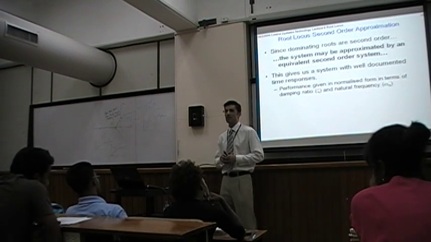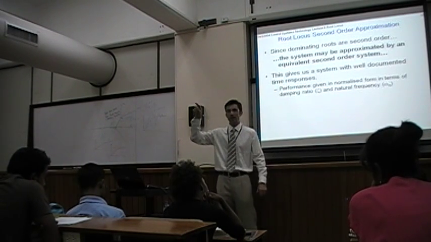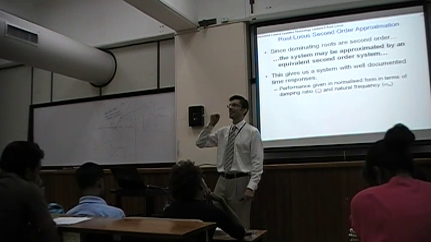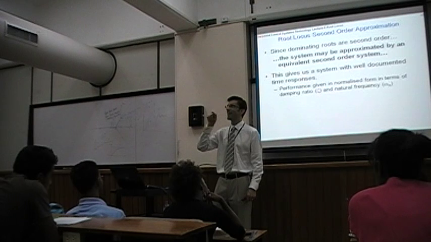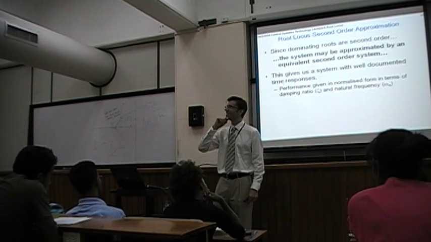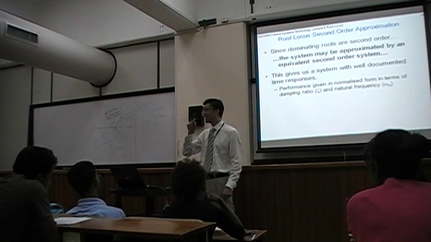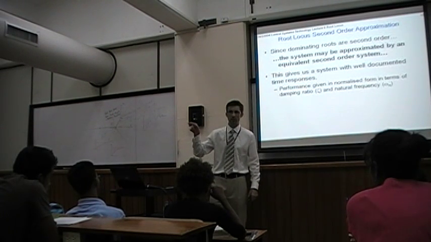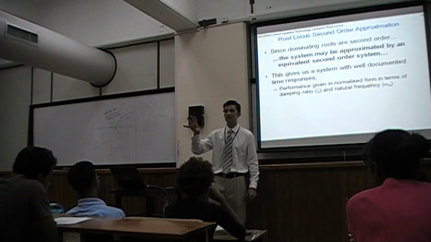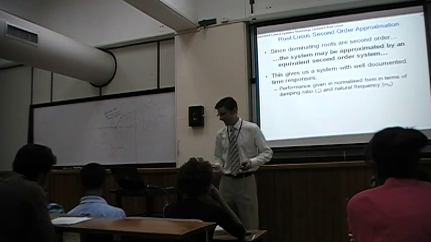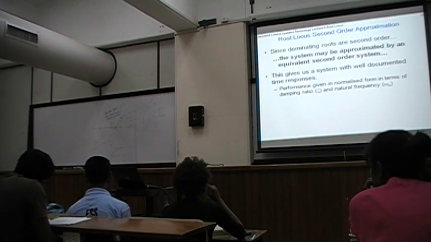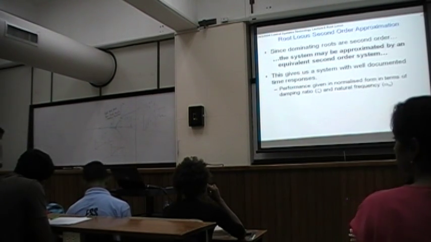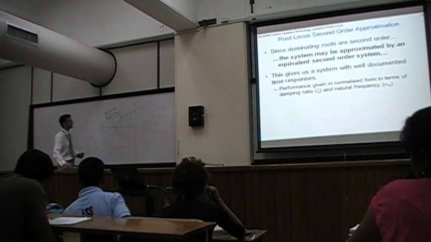Okay, so our prototype second order system is omega n squared over s squared plus 2 zeta omega n s plus omega n squared. Remember we looked at that prototype second order system? So the system is described in terms of key characteristics which are damping ratio and natural frequency.